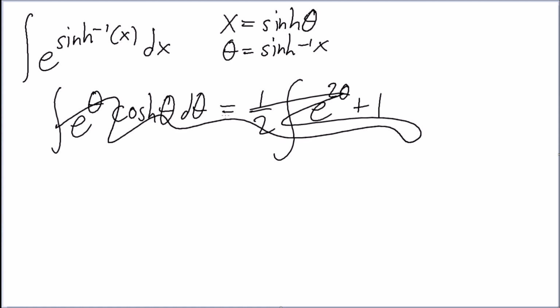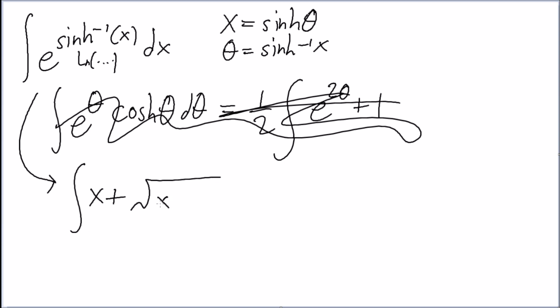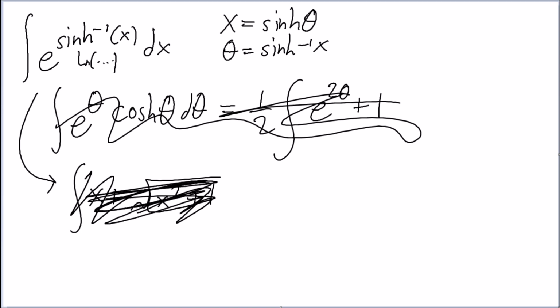I'm lazy, so I'm gonna do this. We know that this is ln all that, so it was x plus square root of, actually, you know what, I lied. You know what, I like your way. I like the exponential way. The exponential way is a lot easier. Let's do exponential.